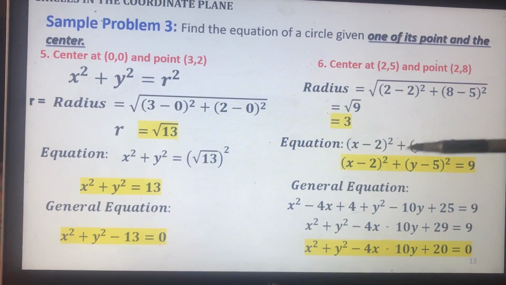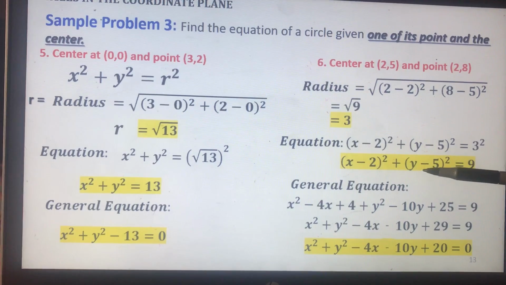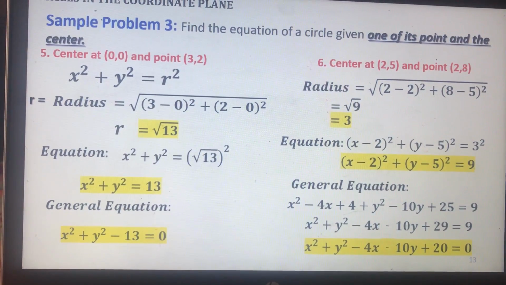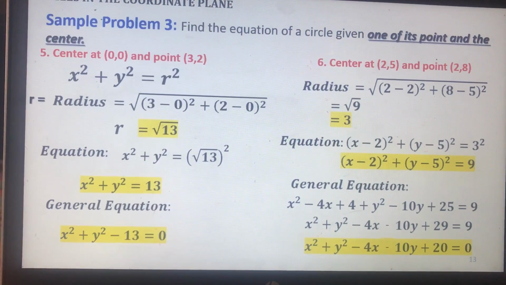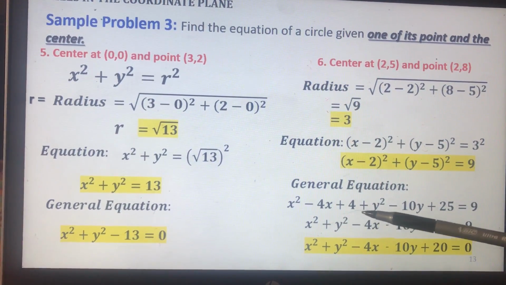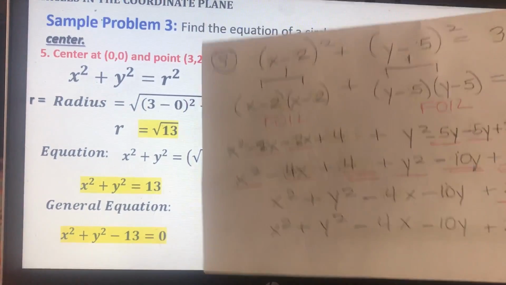So in order for us to find the general equation, what do we do? We use our FOIL method to solve (x minus 2) squared and our FOIL method to solve (y minus 5) squared. That's going to lead us to the general equation, which is x squared minus 4x plus 4 plus y squared minus 10y plus 25 equals 9. And how does that happen?